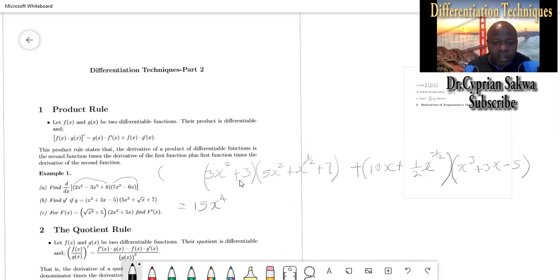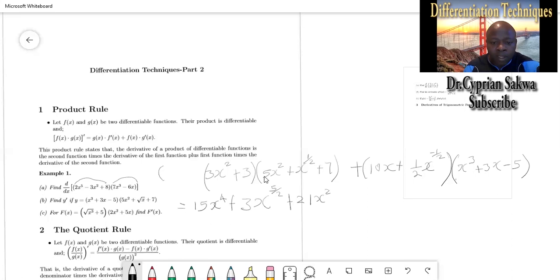This is 15x raised to 4, and that is 3x raised to 5 over 2. And you know that when you multiply, you add the powers. So when I add 2 plus a half, that is how I get 5 over 2. Then this times that, I would have 21x squared.